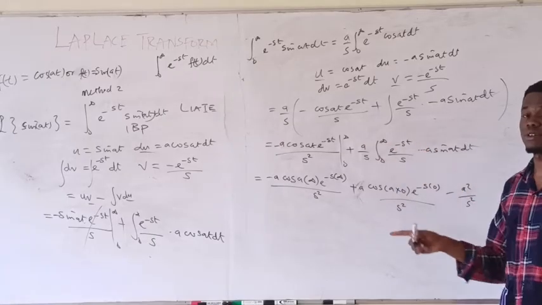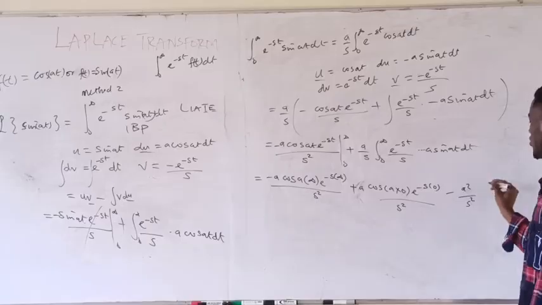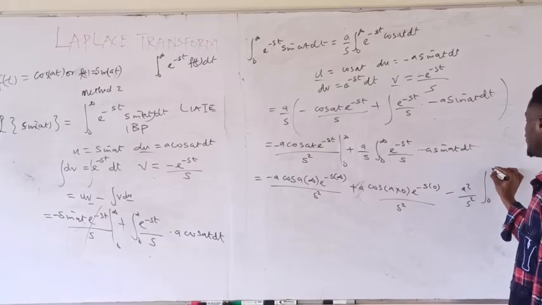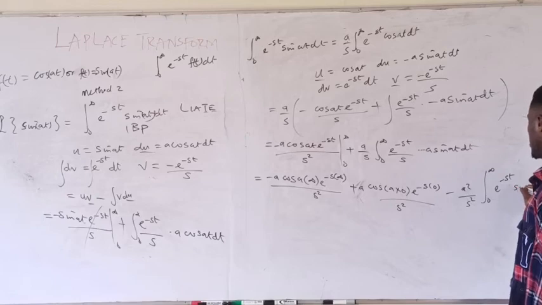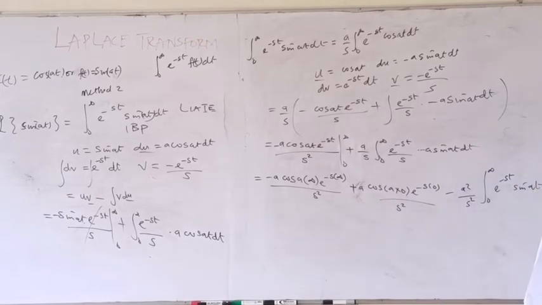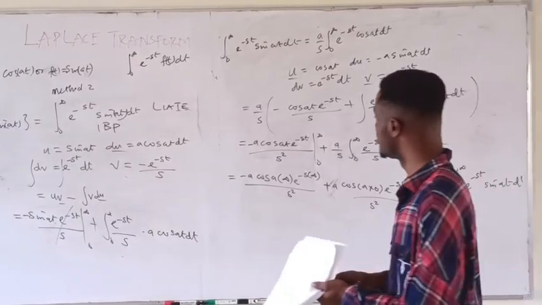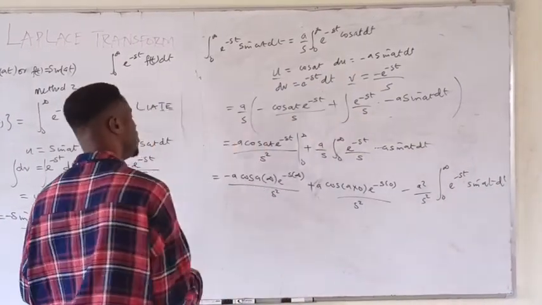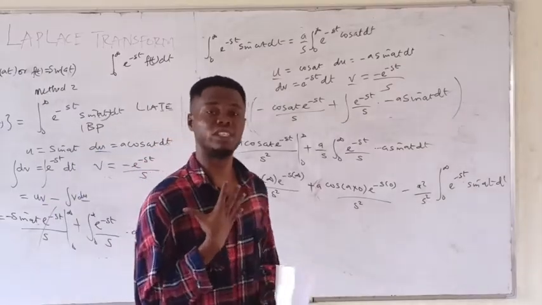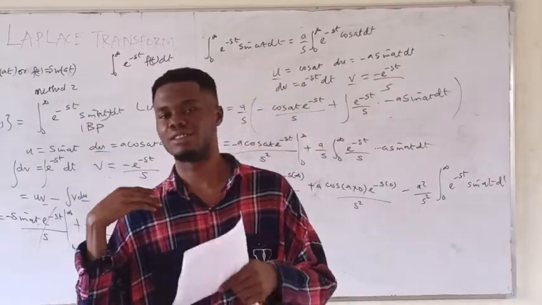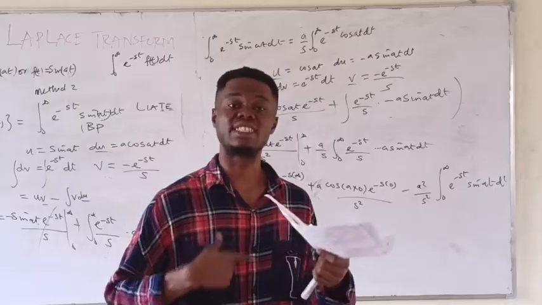Of course, there's a negative outside. So when it comes out, what I have is the integral from 0 to infinity of exponential of minus st sine at dt. So this is what I'm going to have. This type of integral is what I call a recursive integral, the integral that keeps repeating itself.